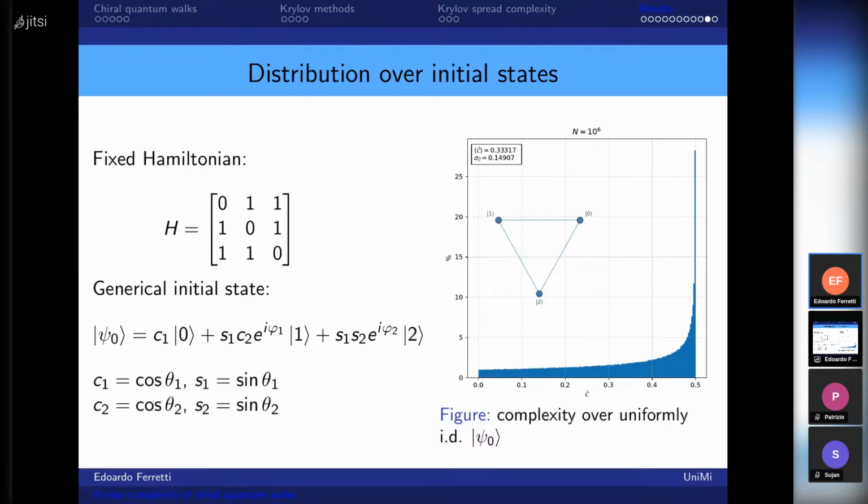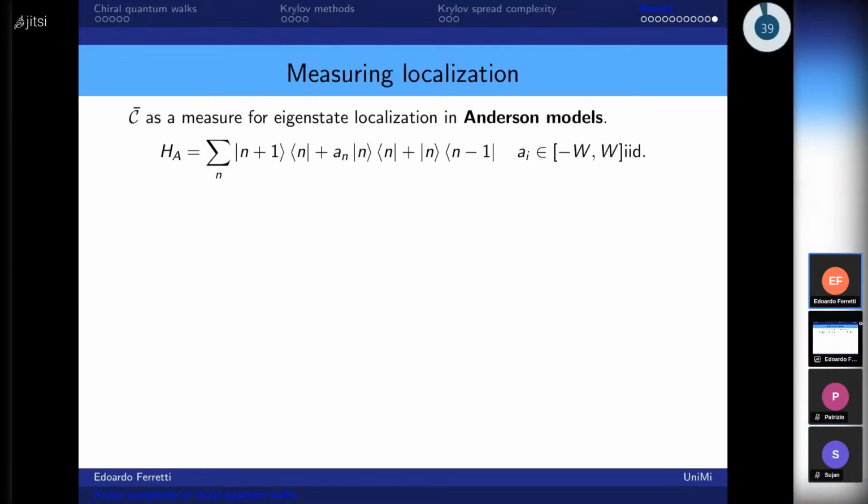And the last of my results was a bit of a fun exercise. As complexity tells us how far the walker goes in the Krylov chain, what if we use it as a measure for localization of eigenstates?